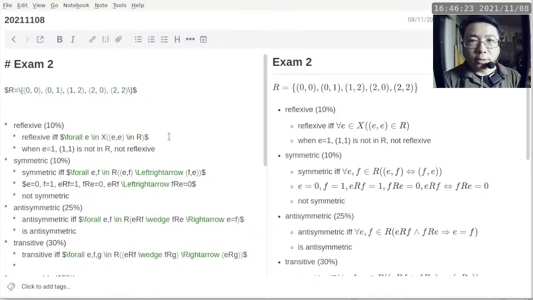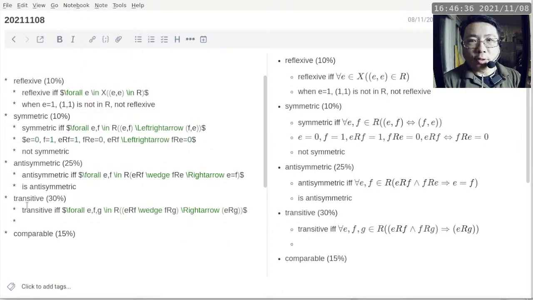So I know it is not transitive because when E is 1, F is 2, and then G is 0, then 1, 0 is not there. So that's why it is false in that case.